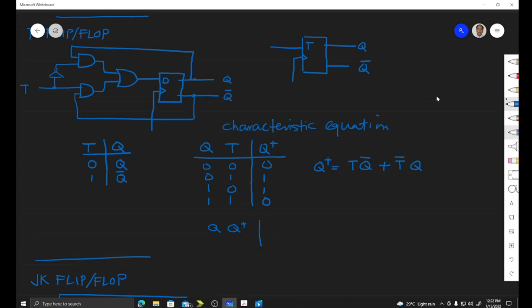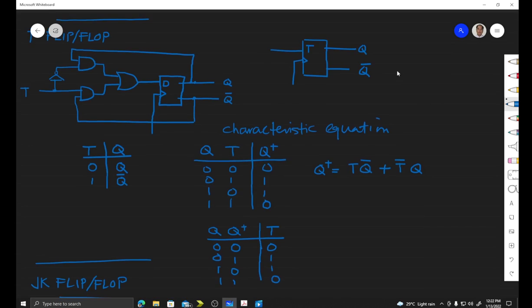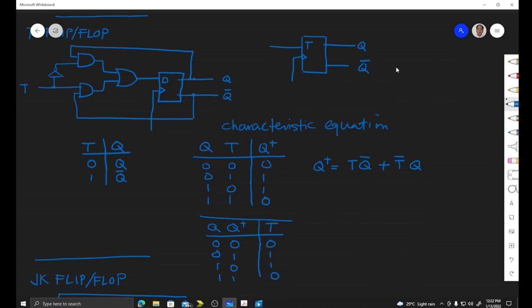We are to get the input T for that circuit. Suppose our present state and next state combinations are 0 0, 0 1, 1 0, and 1 1. Then the input T is 0, 1, 1, 0. So remember this table, our excitation table.